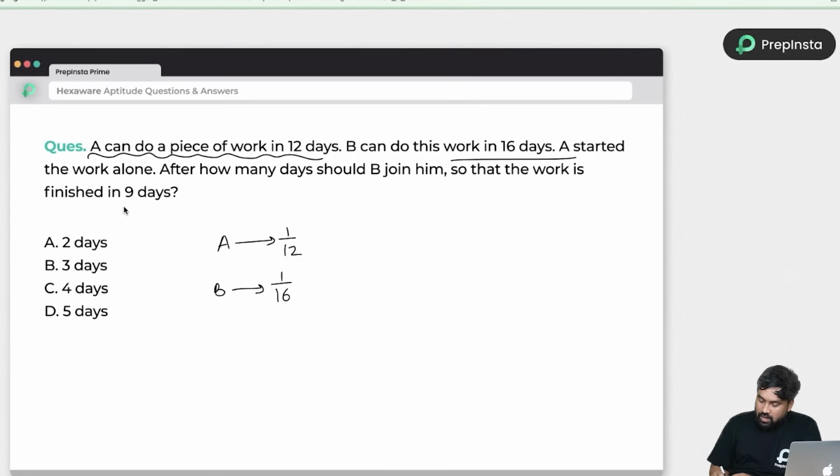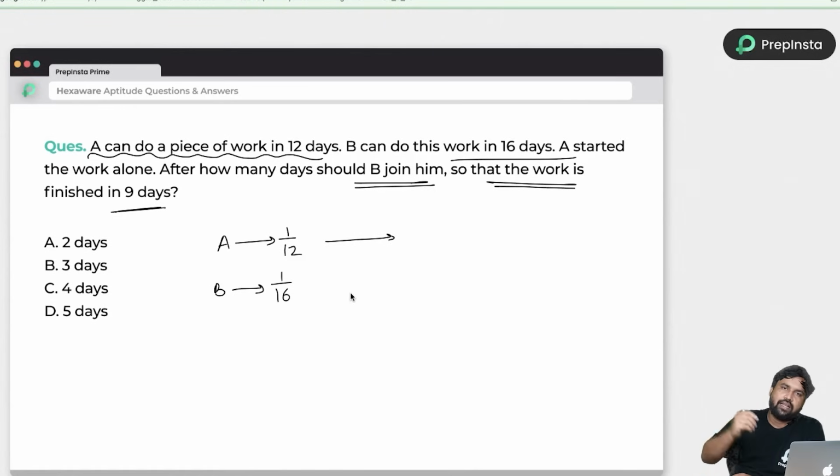Next, the job was finished in 9 days and B joined him later. So A started doing the work and B joined after some time. Whenever you have this type of problem, where some people join the work and some people leave the work, don't use any formulas in a static manner.